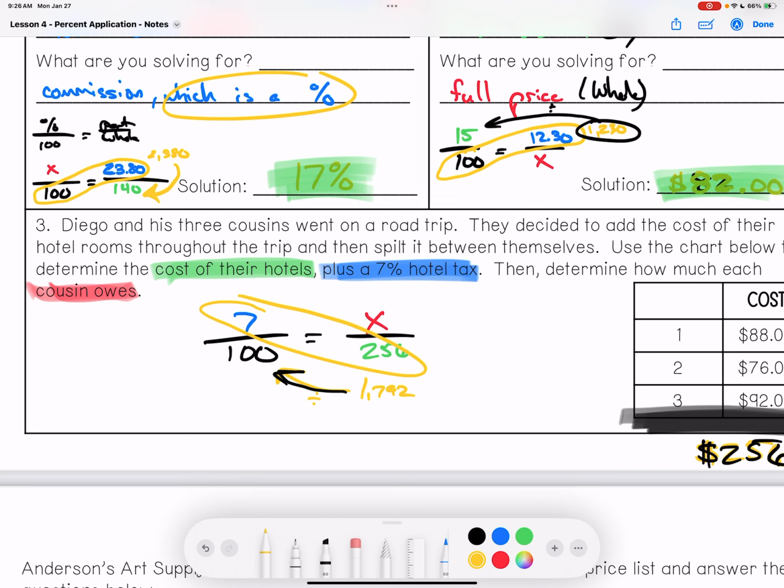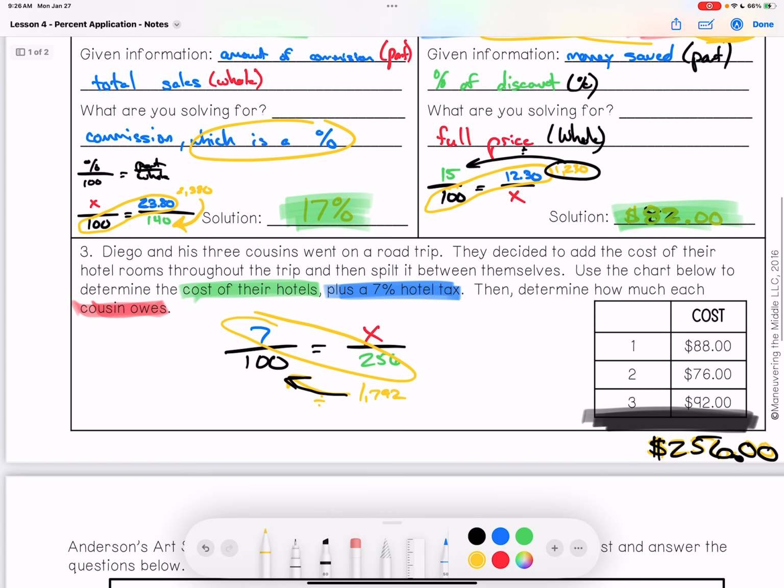Each cousin owes, how many cousins were there? Three cousins. All right, so the tax was $1,790.